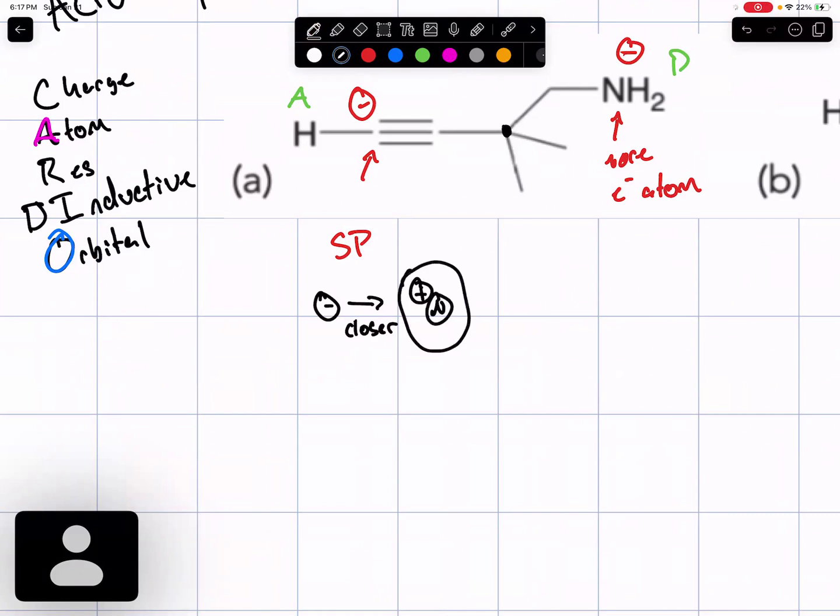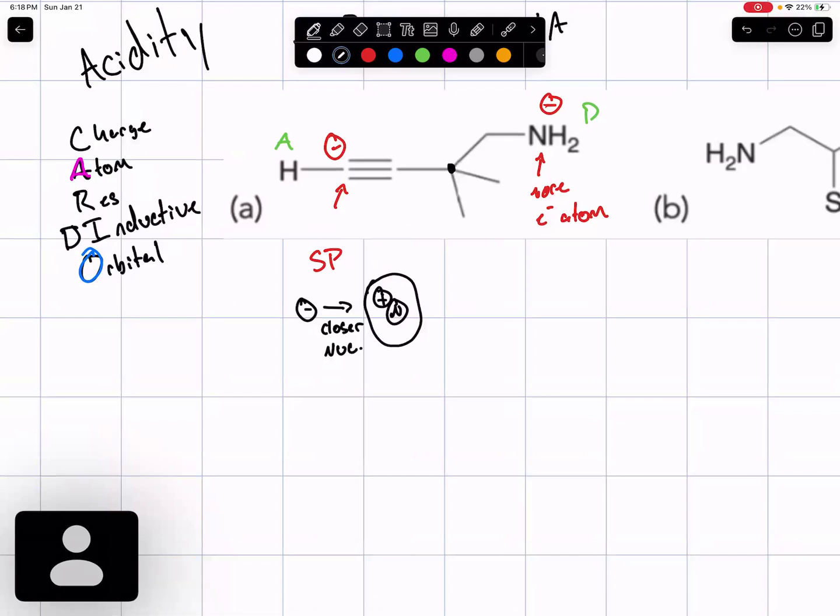And since it's closer to the nucleus, what can we say? Is that negative charge more stable or less stable? It would be more stable, right? Since it's more stable because it's closer to the nucleus, if you make an anion that's more stable when it's deprotonated, that makes it more acidic, right?